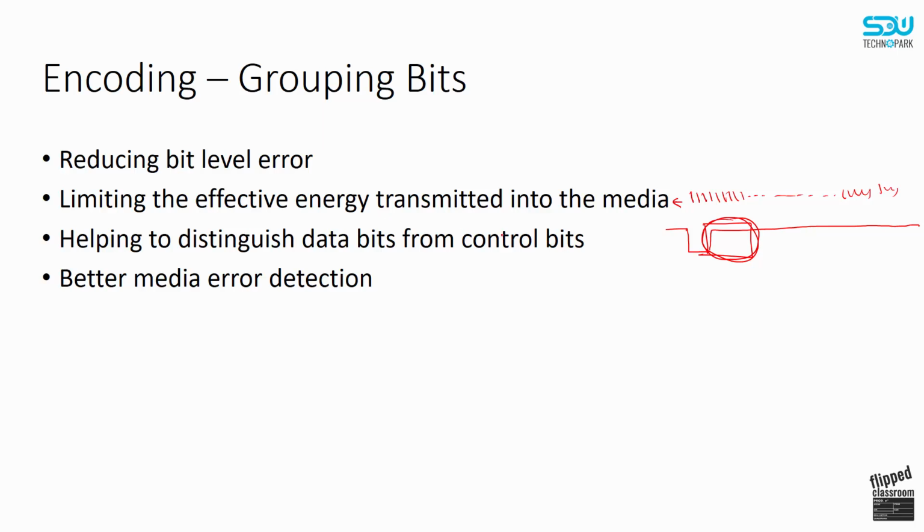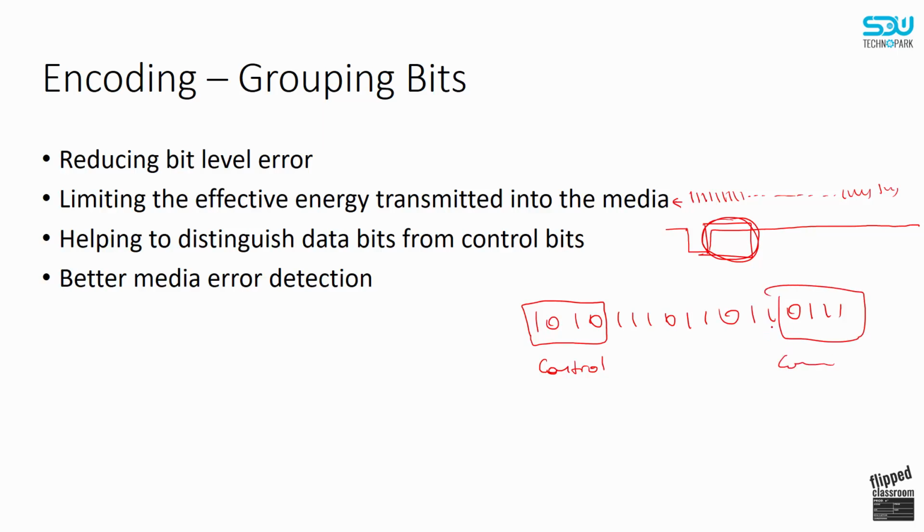When you are sending the bit code, it has its own combinations. For example, this combination will be used for control, so these are control bits. This is also going to be control bits. All other combinations can just be data bits.